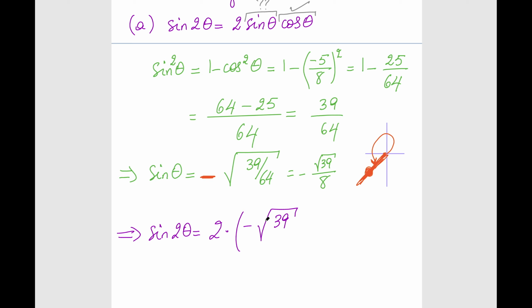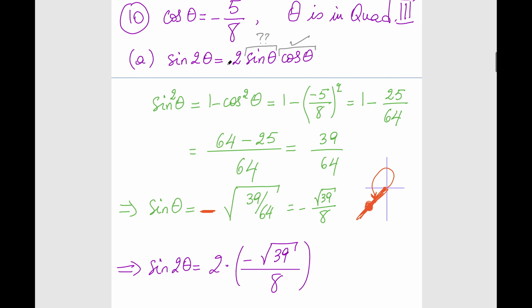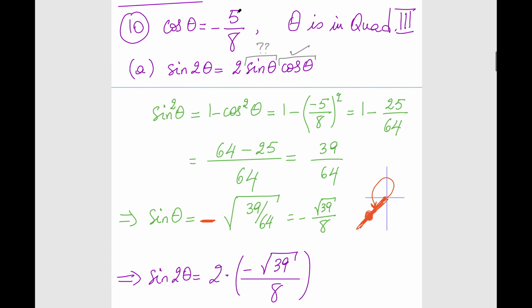So that's a simplified version of this expression. Now if you copy it, we get this divided by 8. That's the sine of theta times cosine of theta, and cosine of theta was given to us: negative 5 over 8. So times negative 5 divided by 8.